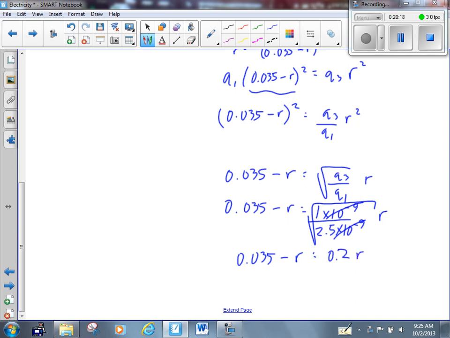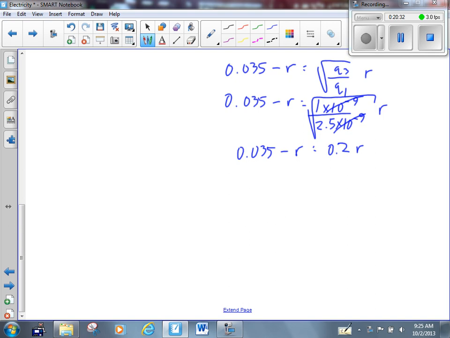Is this what he did? Okay. All right, so now it's not so bad. Let's take this minus r over to the other side by adding: 0.035 equals, well, what's 0.2r plus 1r? 1.2r, right?